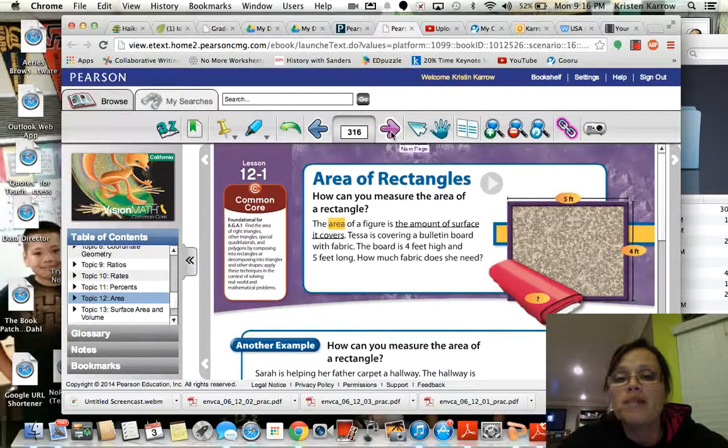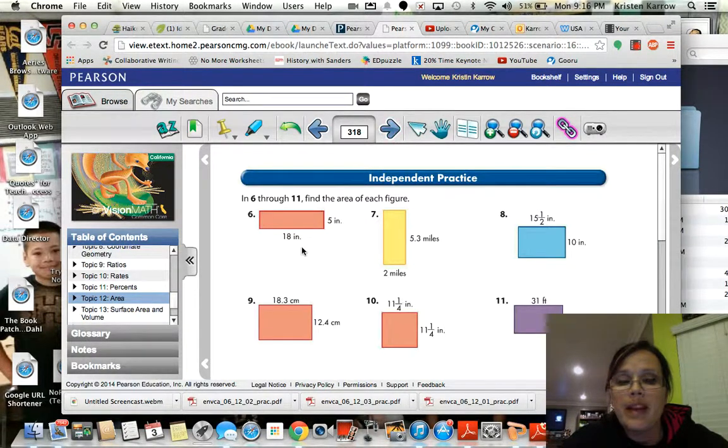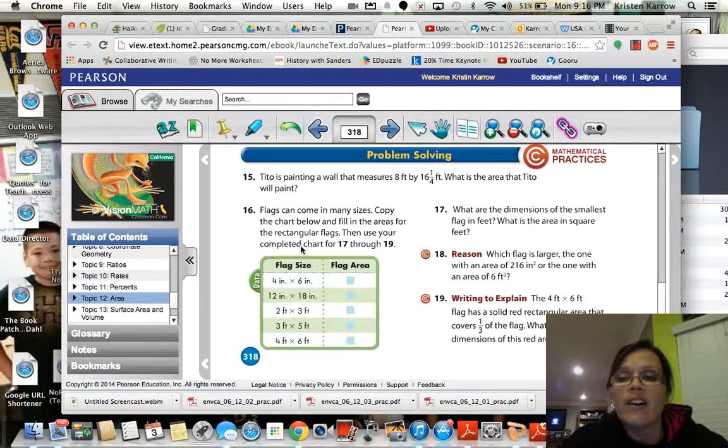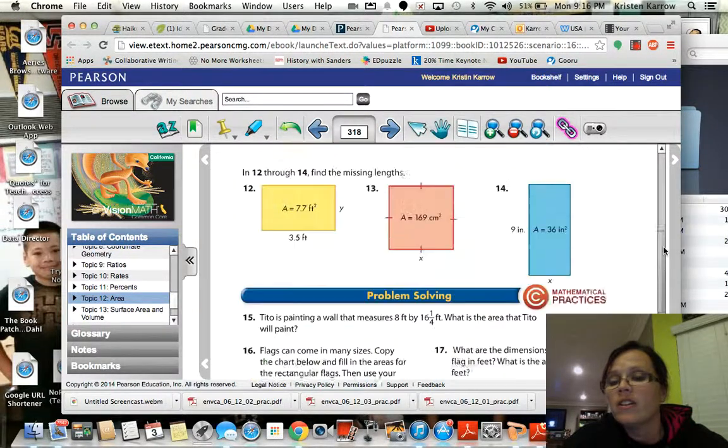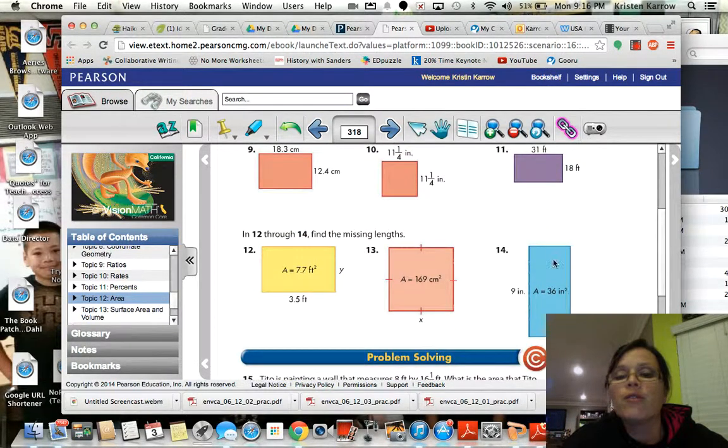Your job now is to complete the problems. On the next page, you're going to find the area for each figure, numbers 6 through 14 even.